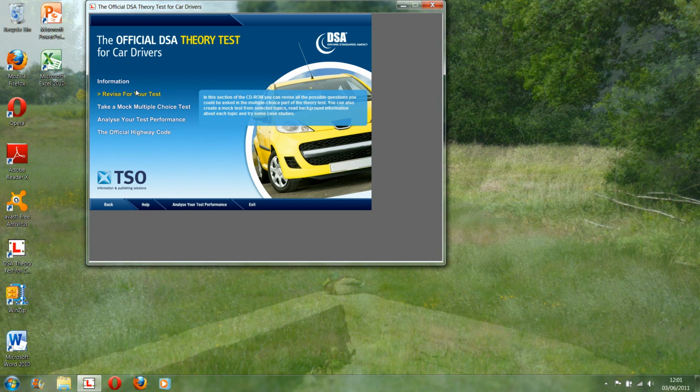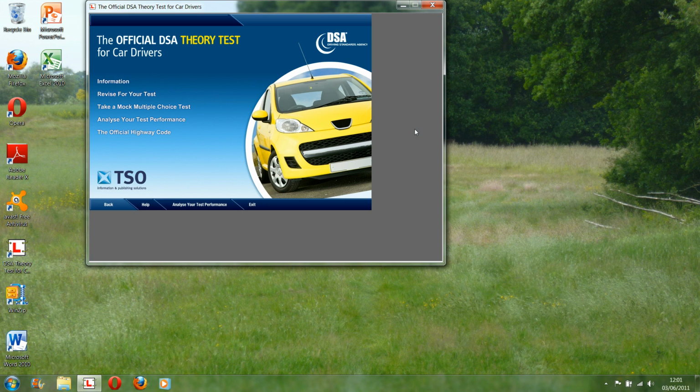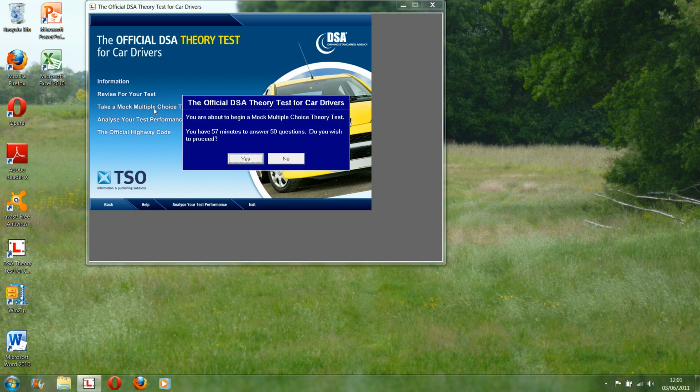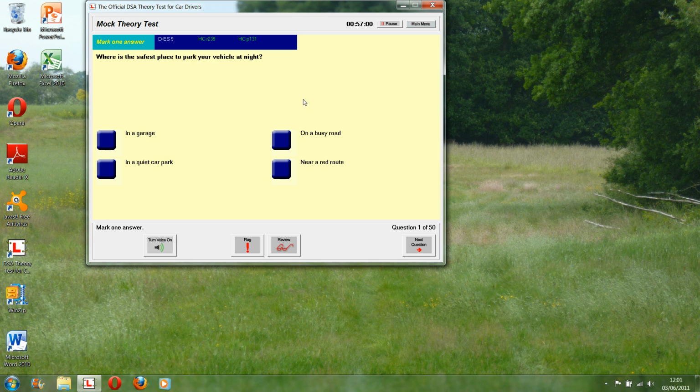And also, because it's the official one, I wouldn't suggest getting an unofficial one, because since this is official, it actually gives the actual test questions. I'm not sure if people realise that, but I did about 10 tests over 3 or 4 days, and in the actual test I had last week, probably about 20 or so of the questions I'd already answered in here.